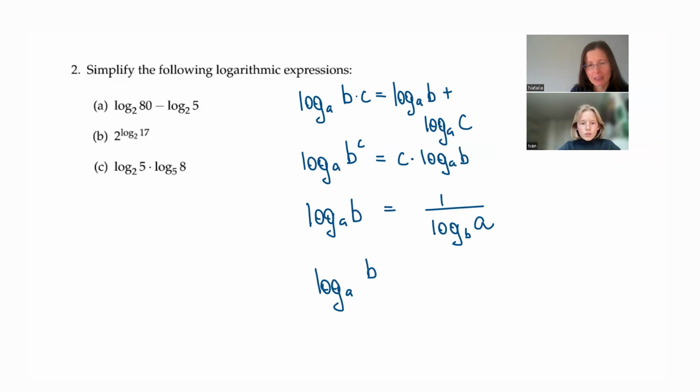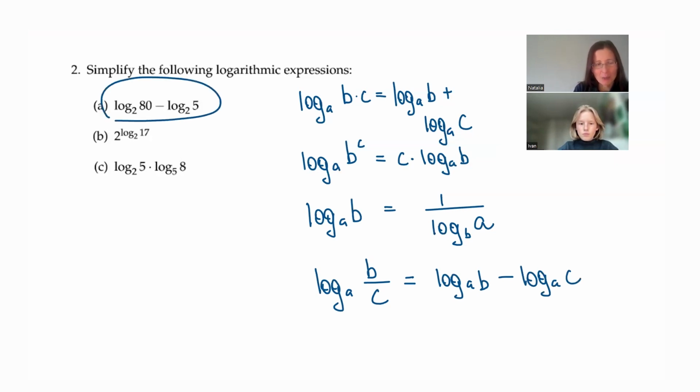So let's remind that B over C is kind of like the product rule, but now we have the minus: log base A of B minus log A of C. So if we look at the first one, we can notice that they have the same base, and maybe we can use this last rule that I wrote, or we can also work with 80 because maybe we can split it into something more convenient.